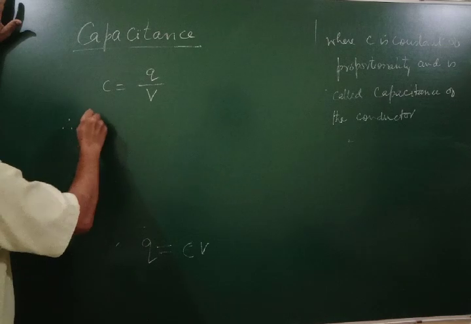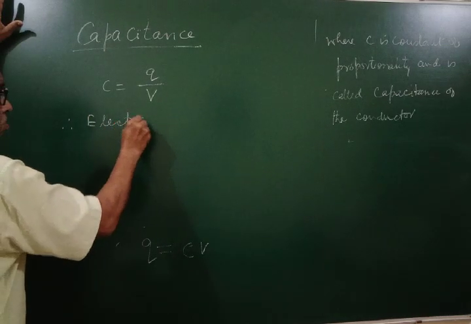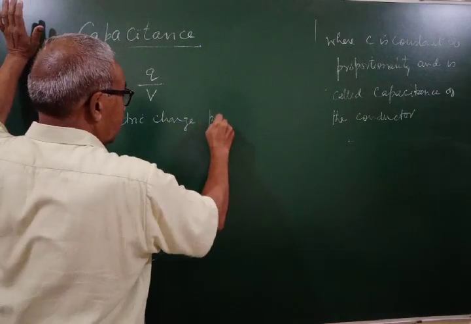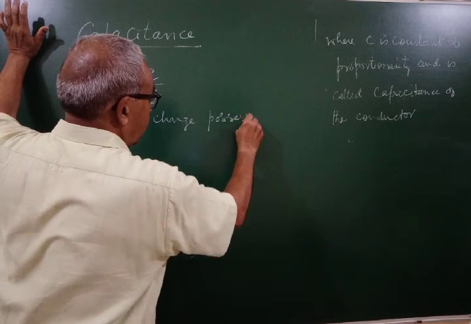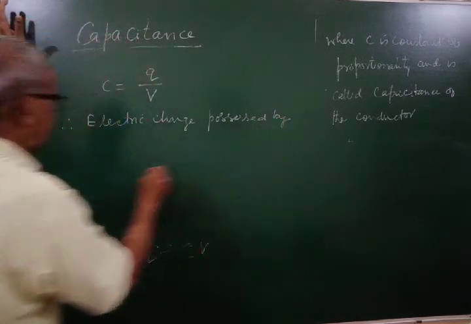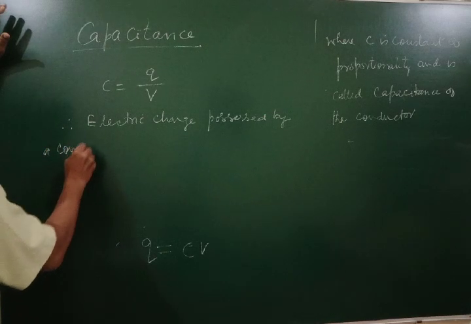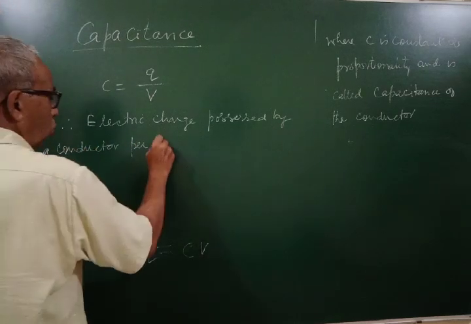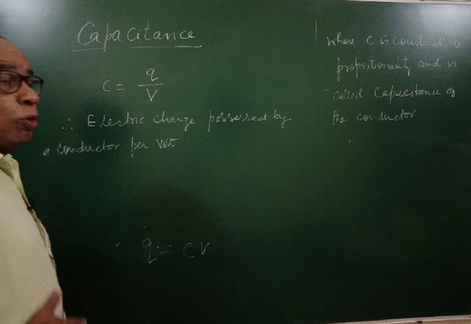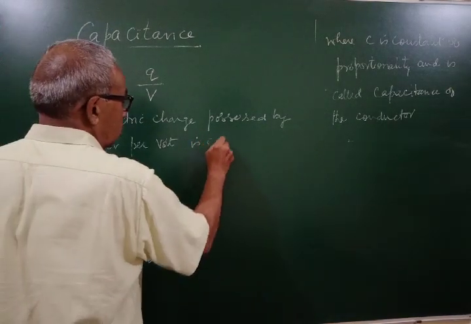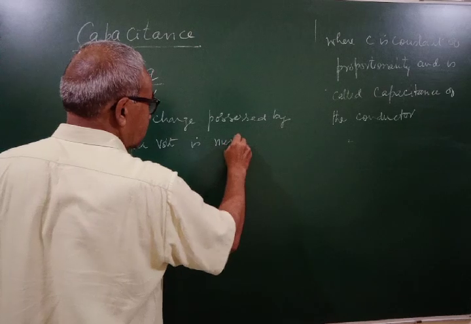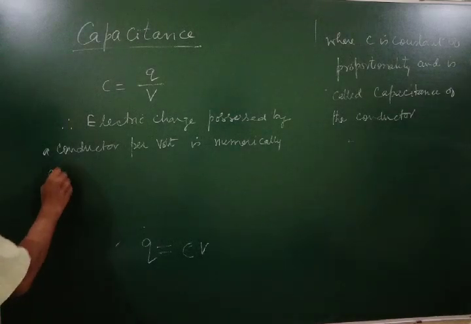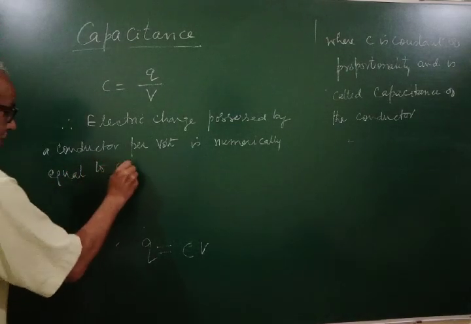Therefore, the electric charge possessed by a conductor per volt is numerically equal to the capacitance.